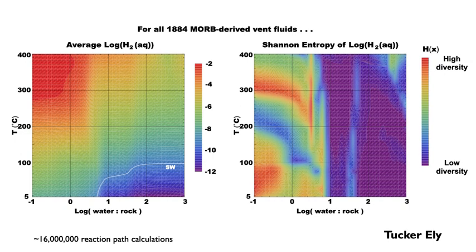So part of the diagram shows that you get similar results regardless of what your mid-ocean ridge basalt composition is, and the other part of the diagram is showing us that it's very important to know exactly what the composition of the rock is in order to understand its capacity for producing hydrogen.